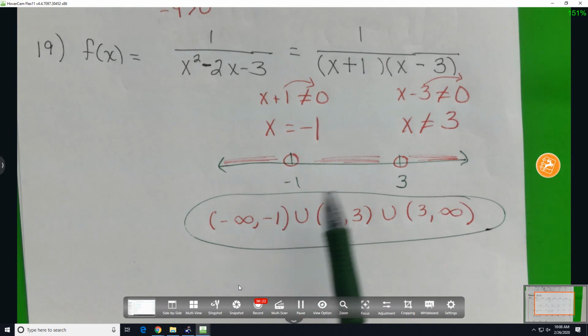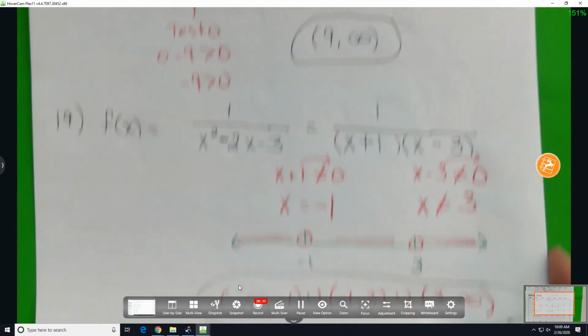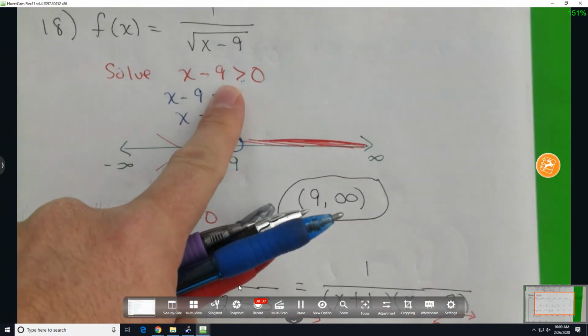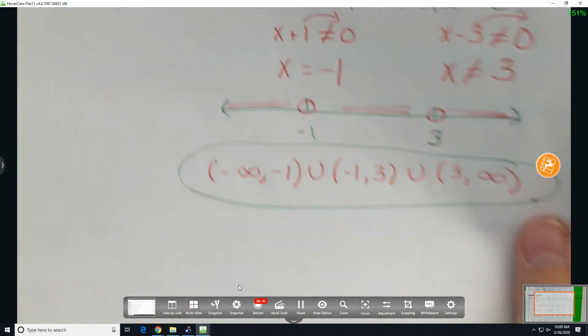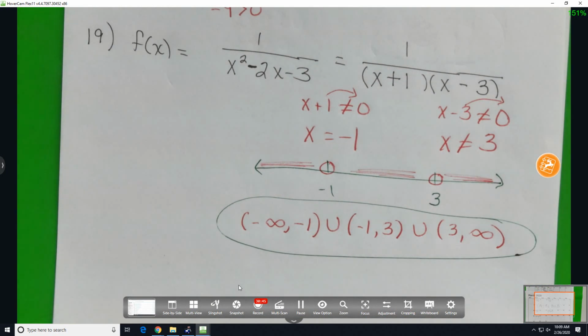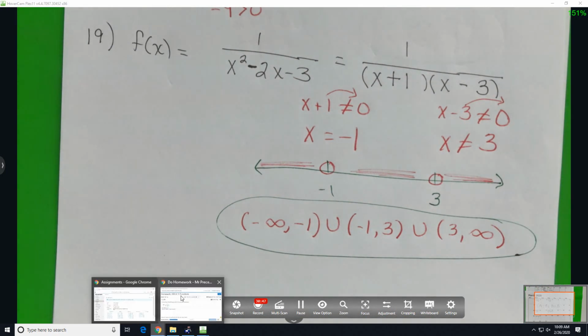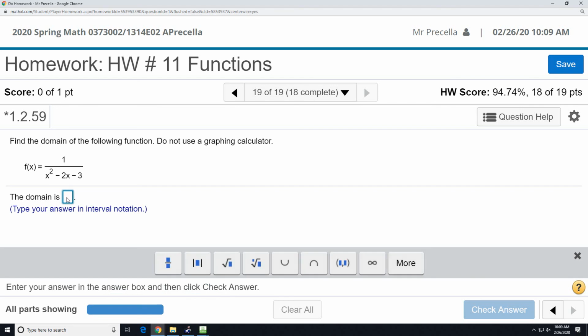Notice I drew the number line just so I could see how to write the interval notation. You don't test unless you're doing one of the square root ones. When you have the square root ones and you're solving an inequality, that's when you do the testing. So let me type that in. Parentheses. You see, this is one that's not multiple choice.